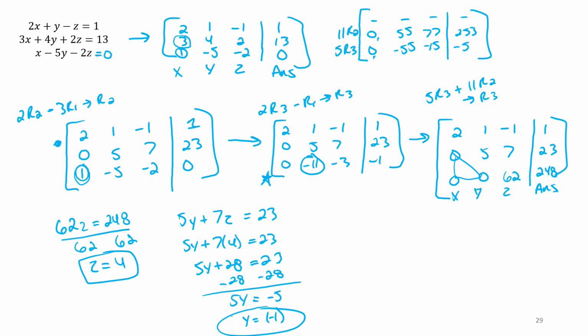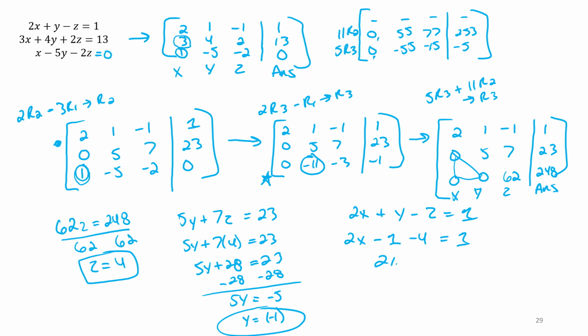And so for this, go up a row, so for row 1, 2 times x plus y minus z equaling 1. So we know that y is negative 1 and z is 4. So 2x minus 1 minus 4 equaling 1.